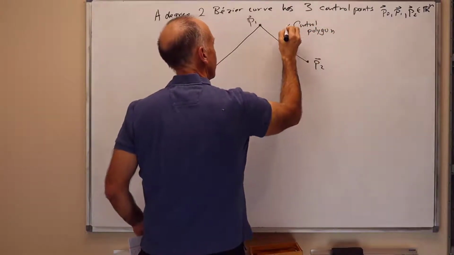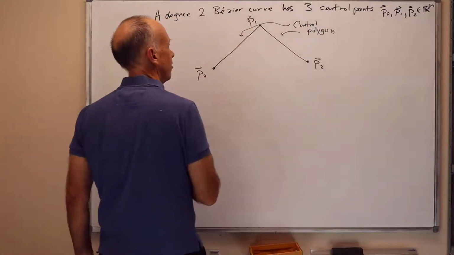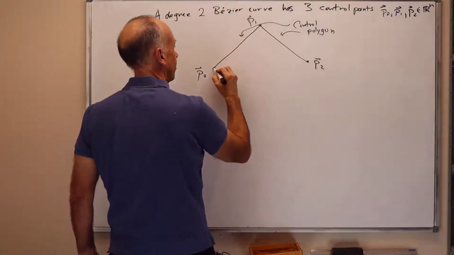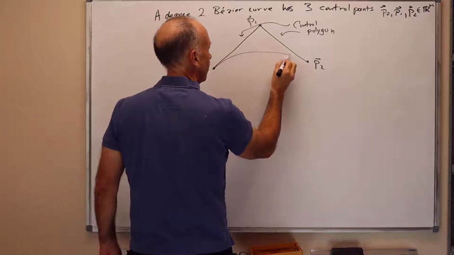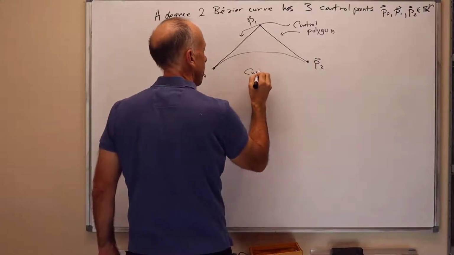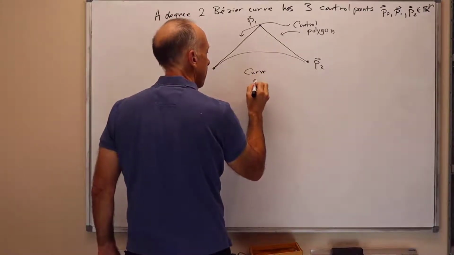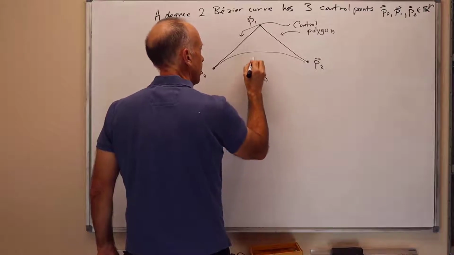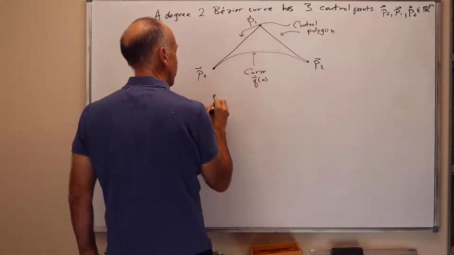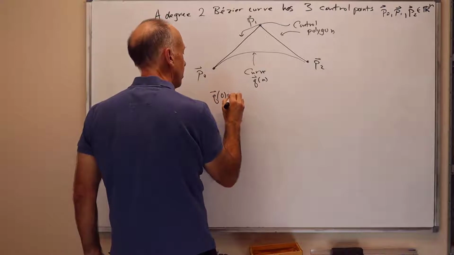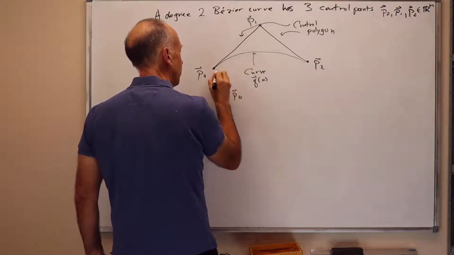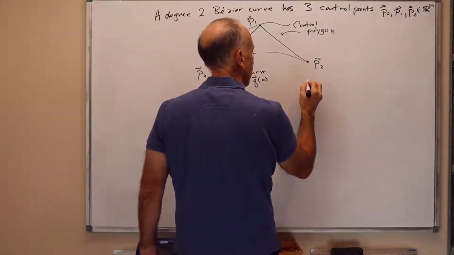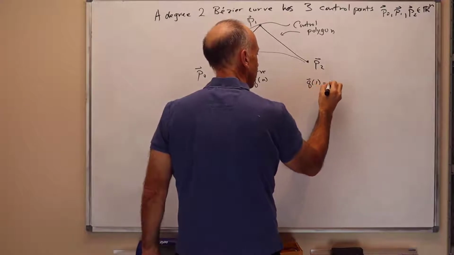So this segment and this segment together are the control polygon, and the curve Q of u looks something like this, with Q of 0 equal to P0, Q of 1 equal to P2.